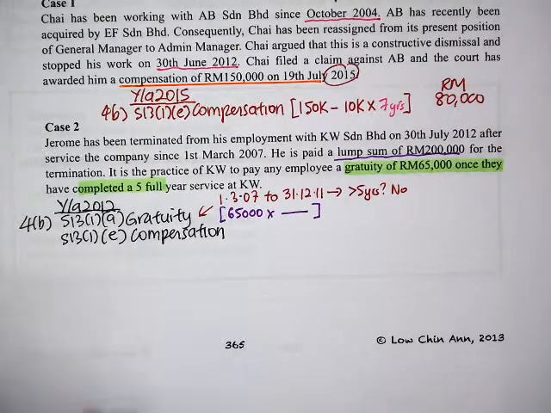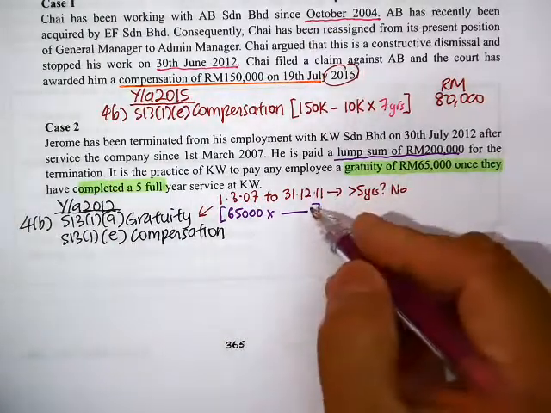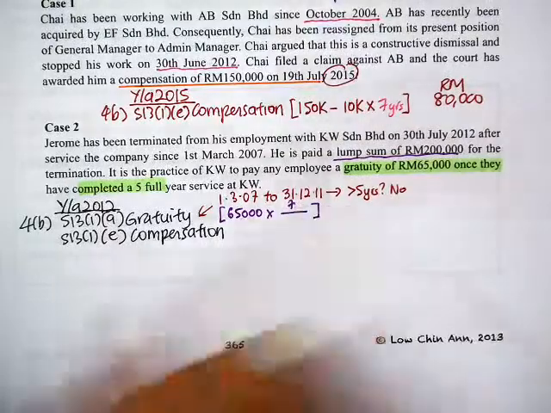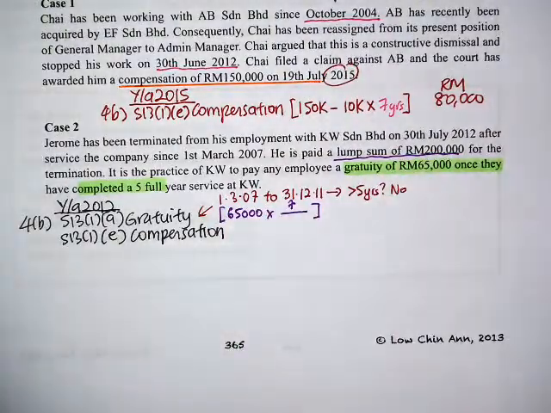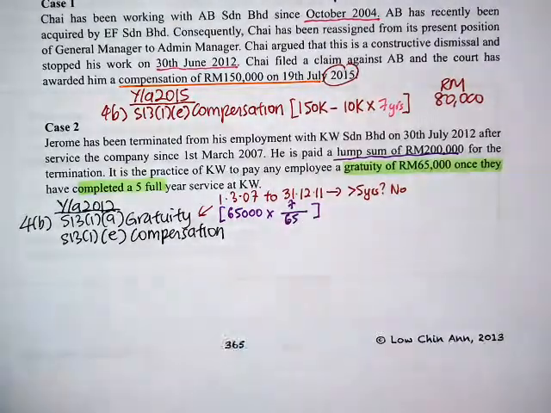So how do you spread back? Give me the fraction. What over what? On top is 7, right? Terminated in July, right? 30 or 31st July, okay? Bottom is 65.